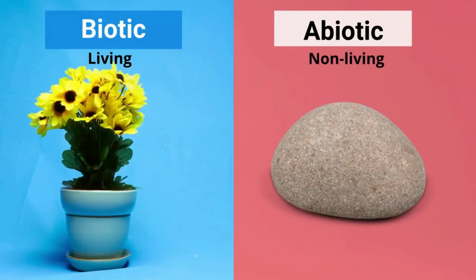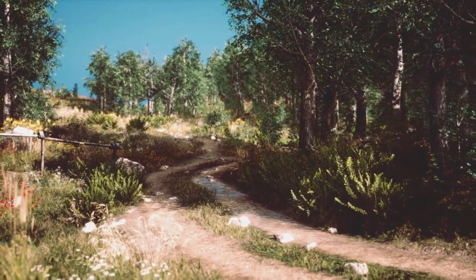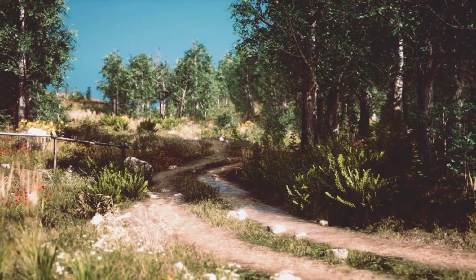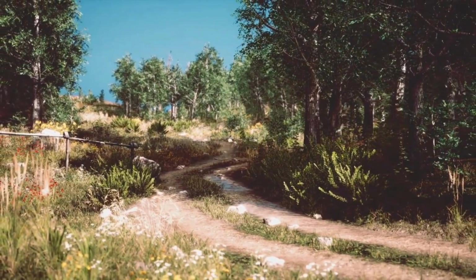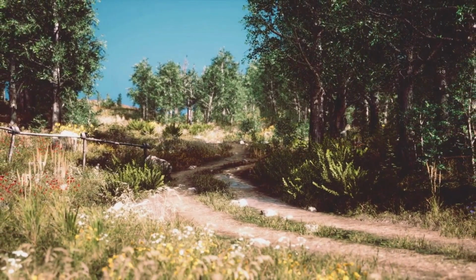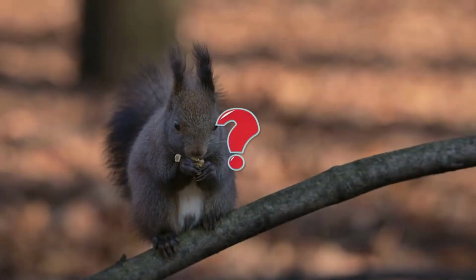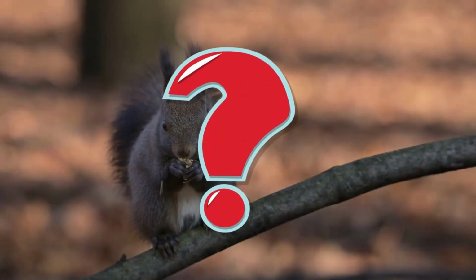So, looking again at your backyard, if you live in a temperate climate, you may most likely see some trees, grass, dirt, a few rocks, sunlight, or even rain clouds. There may be some birds in the trees or squirrels. Can you identify the biotic or living factors?